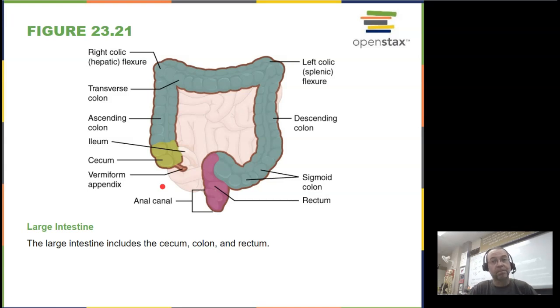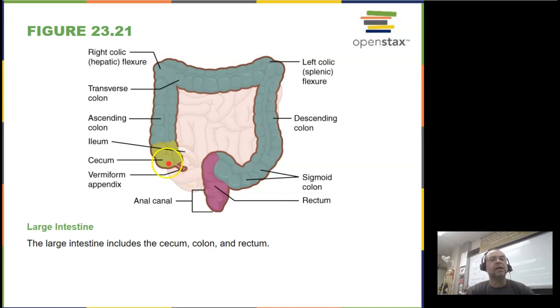Because if the appendix bursts, then all the contents of that infected and inflamed appendix go throughout the peritoneal cavity, and it's a big mess. So you have to have an appendectomy, cut out the appendix prior to the rupturing.